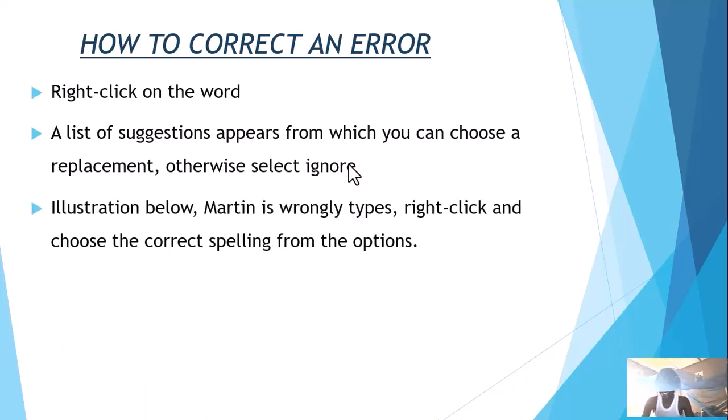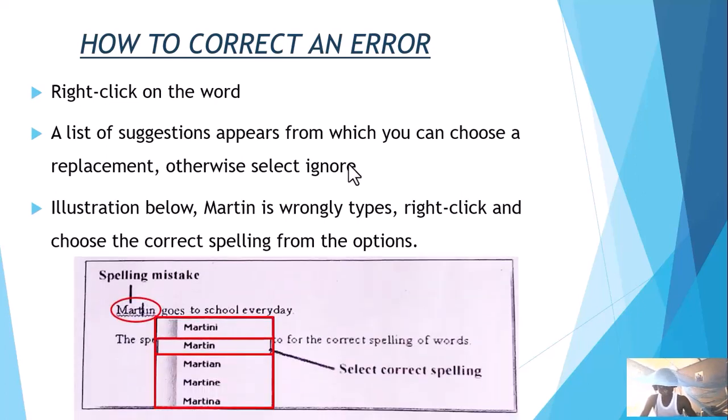Below we are going to see an illustration of how the spelling and grammar check was done. From this chart you can see we wanted to type Martin, which is the name of a person, but instead of making it Martin, we put an L after the T, which is wrong.